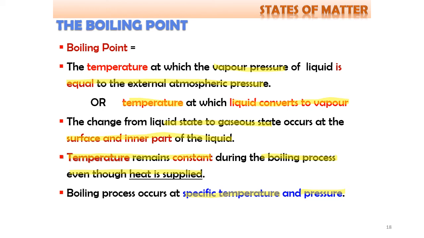So contohnya boiling point for ethanol is 78 degrees Celsius, and boiling point untuk ether tadi, diethyl ether, is around 38 degrees Celsius.